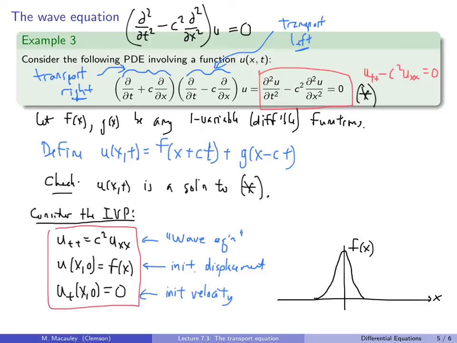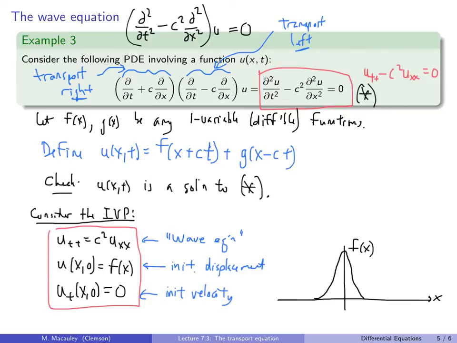So I claim that a solution to this initial value problem is, think about it. Well, before I say it, let's try to figure out intuitively what it is. Let's suppose that this is a big wave in the ocean, or displacement. Or maybe this is a string and you pull it tight. Yeah, this is better. A wire and you pull it up like this, so there's an initial wave, and you let go. Initial velocity is 0, so you let go. What's going to happen? Well, half the wave is going to travel this way, half the wave is going to travel that way, right? The energy is going to dissipate.